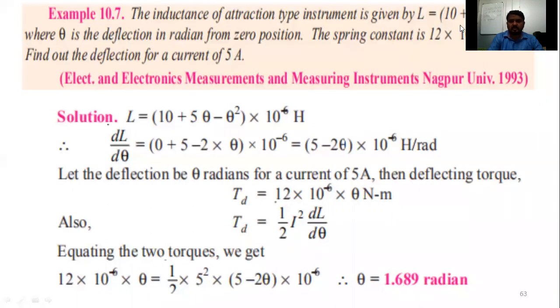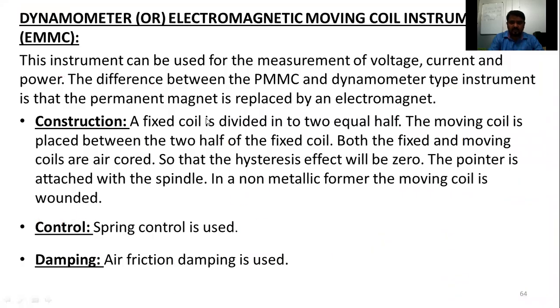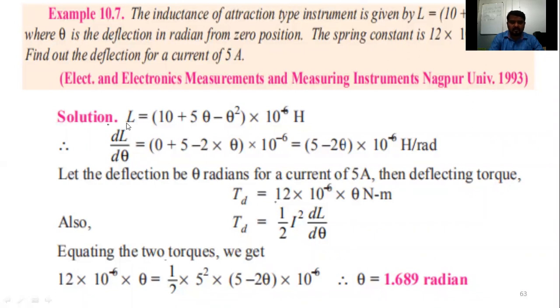So the given inductance is L equal to 10 plus 5 theta minus theta square into 10 to the power of minus 6. So differentiating this equation with respect to theta, dL by d theta equal to differentiation of 10 with respect to theta is 0. Differentiation of 5 theta with respect to theta is 5.